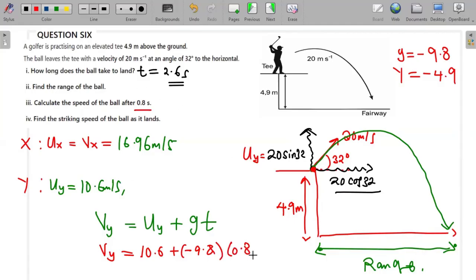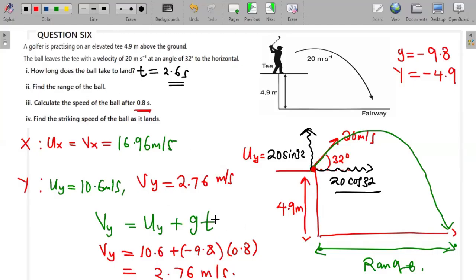So I punch all this into my calculator, and the final speed after 0.8 seconds is found to be 2.76 meters per second. So I'll write the final speed here after 0.8 second: 2.76 meters per second. All right, so that's what I get.